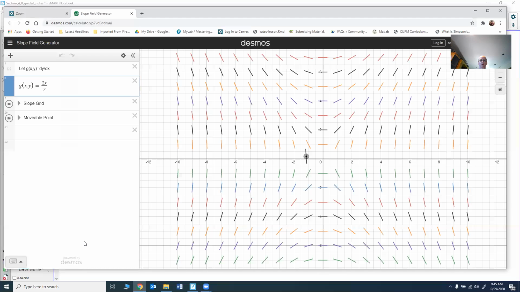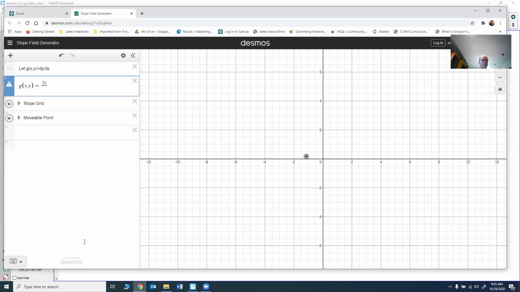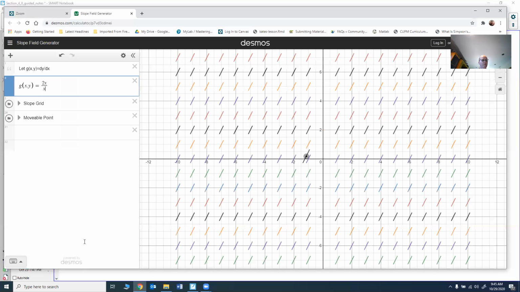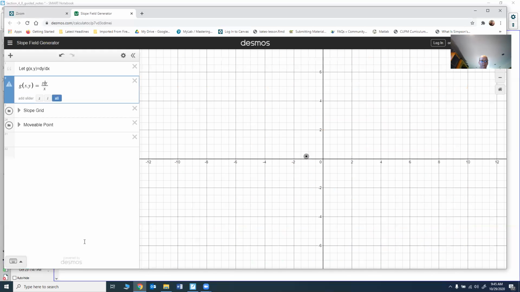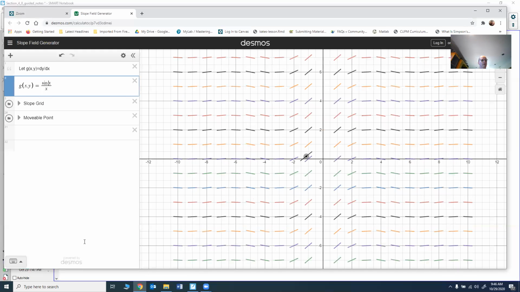We actually don't want the one that's here. This is for a derivative of 2x over y. We want the sine of x over x, so we'll just modify the one that they have in here for the one we want.